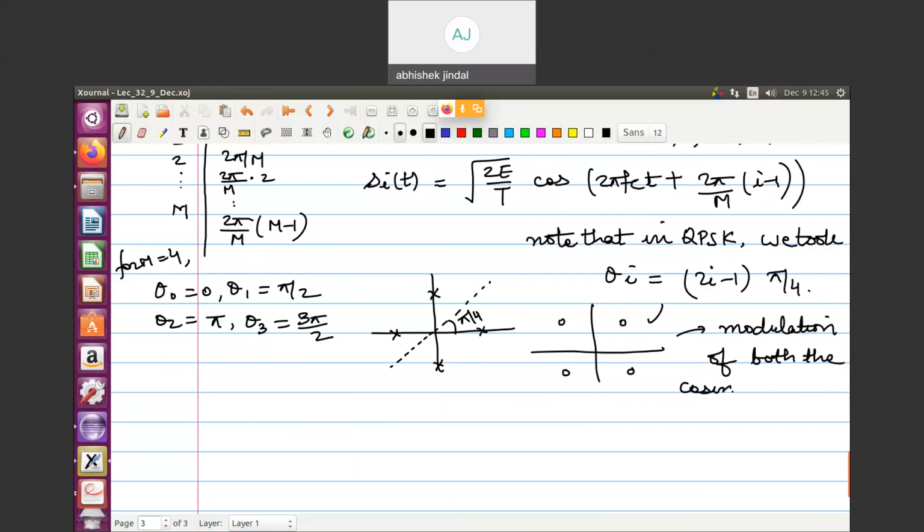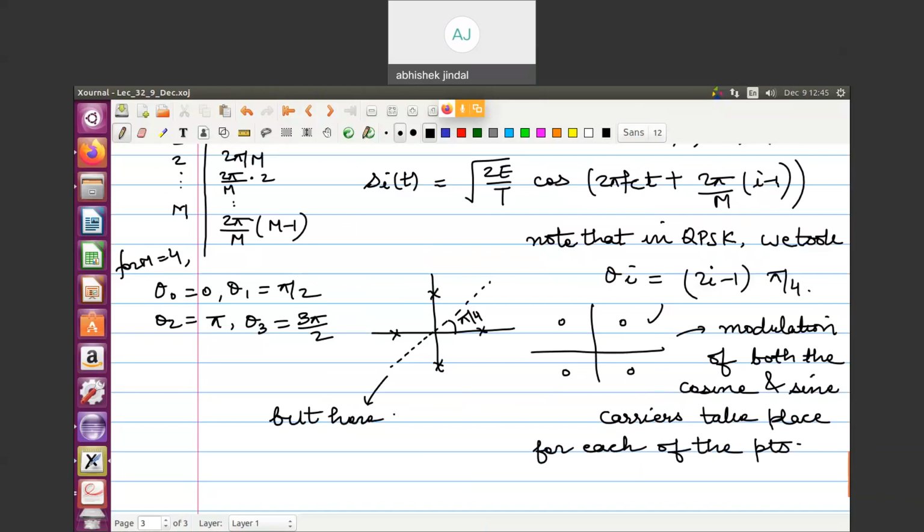Now the reason behind studying this constellation is that in this constellation, modulation of both cosine and sine carriers takes place for each of the constellation points.